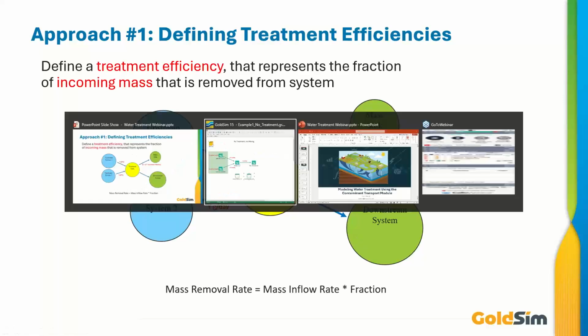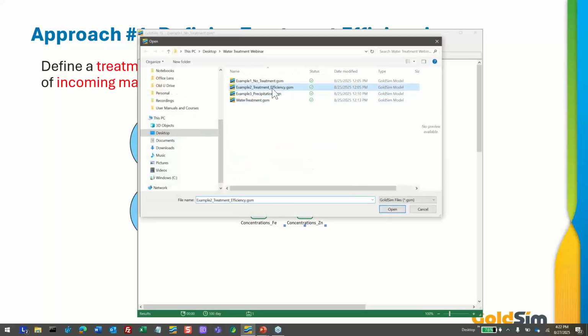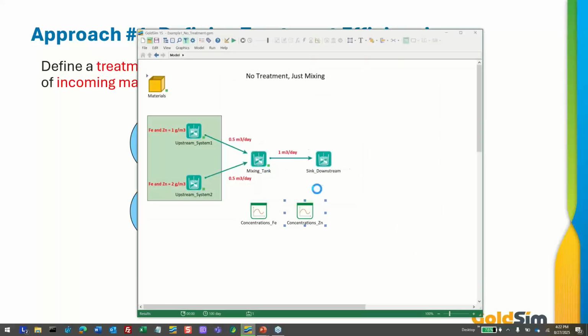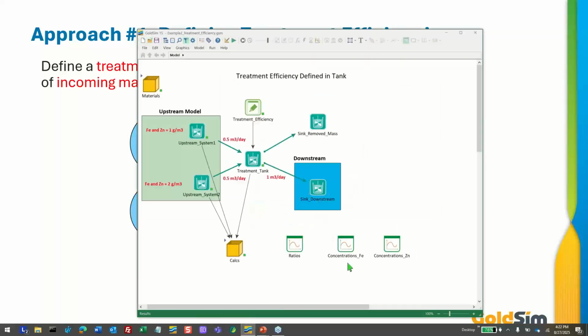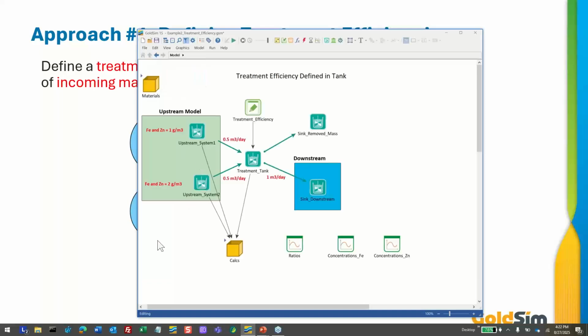So let's look at that model. This model looks like this. There's nothing different in terms of our species or water. They're just like the other one.